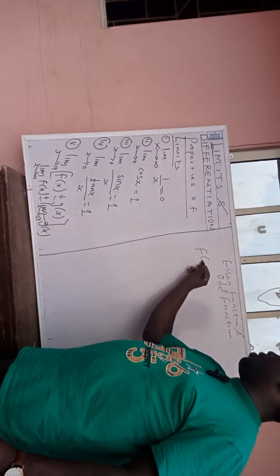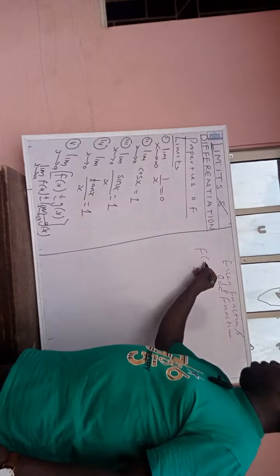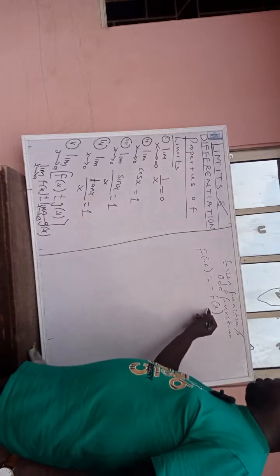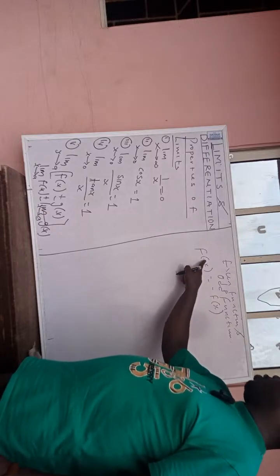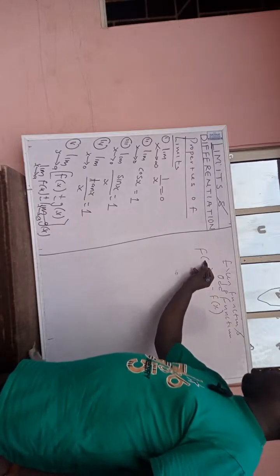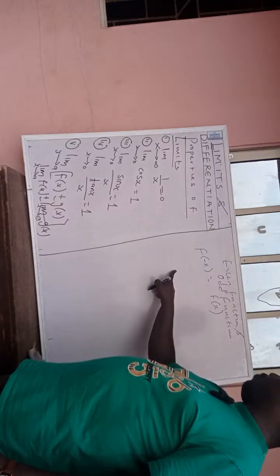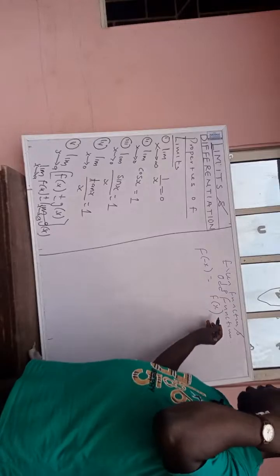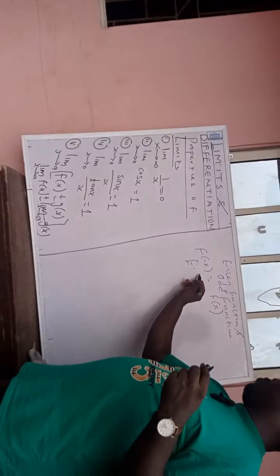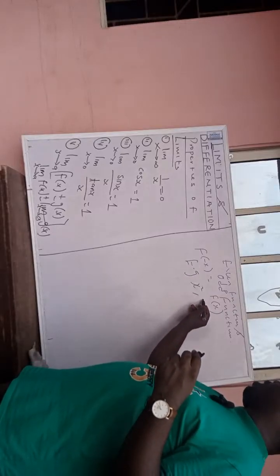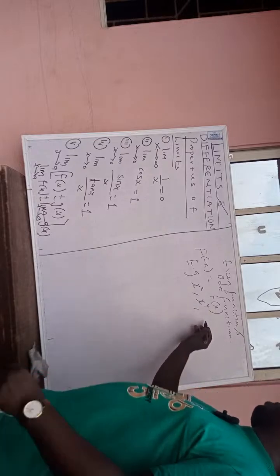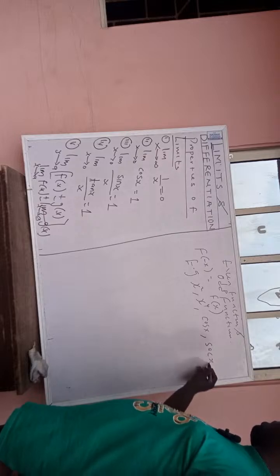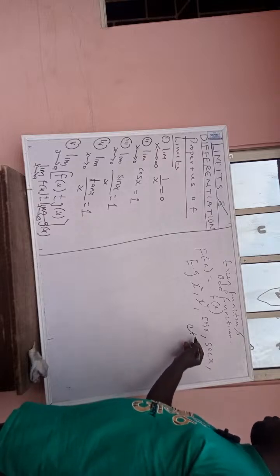A function is said to be even if you have a case like this. I'm starting with even function. When you have a case like this, where the minus sign does not reflect here, examples of even function are x squared, x to the power 4, cos x, sec x, and so on and so forth.